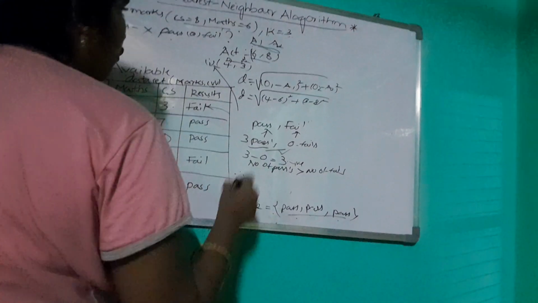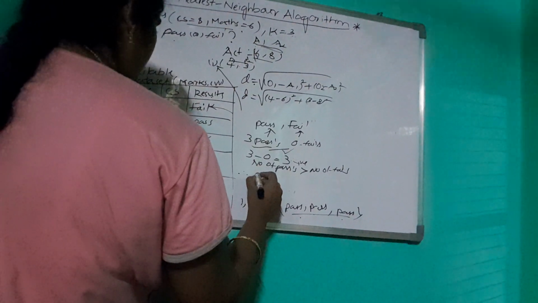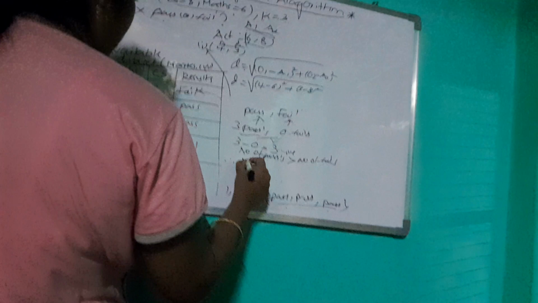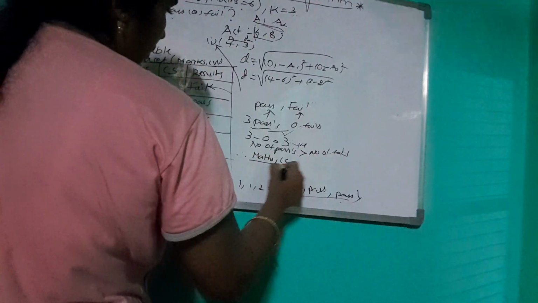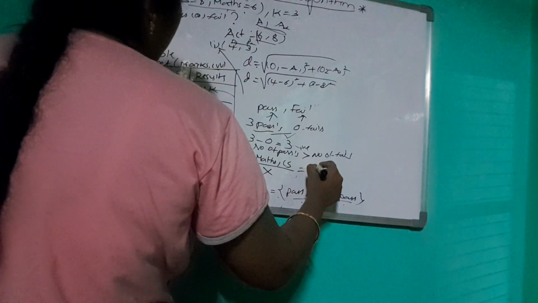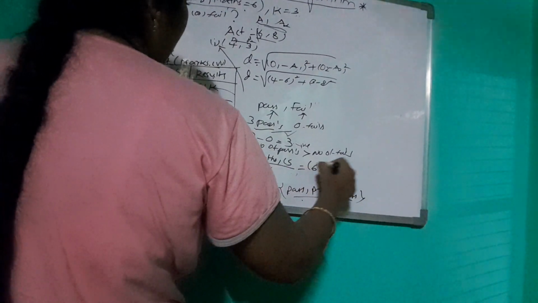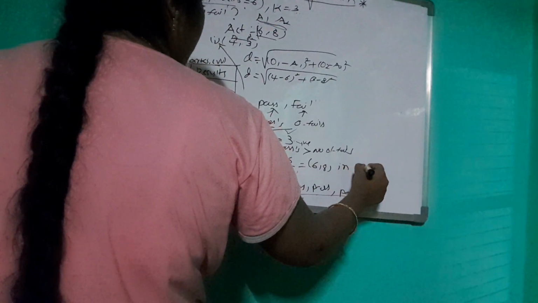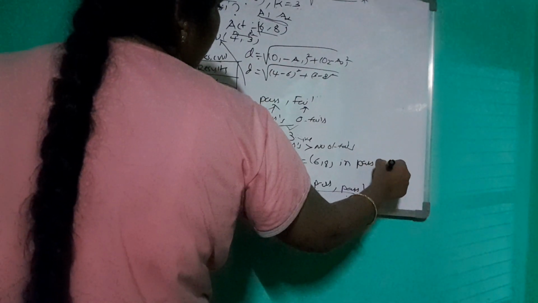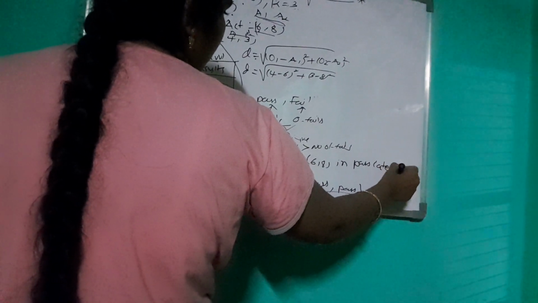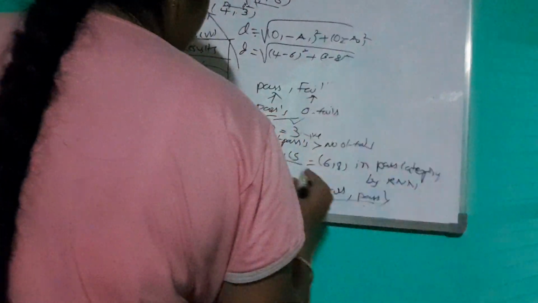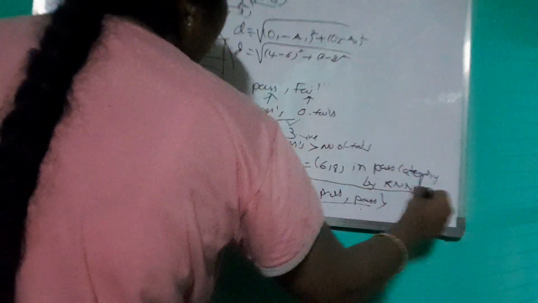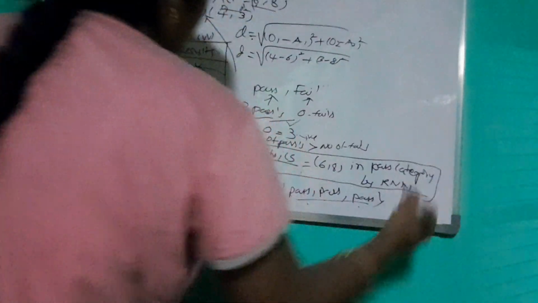Therefore, we have to put this value, maths comma CS, this is the X value, in the pass category by the KNN algorithm. So this is the final result.